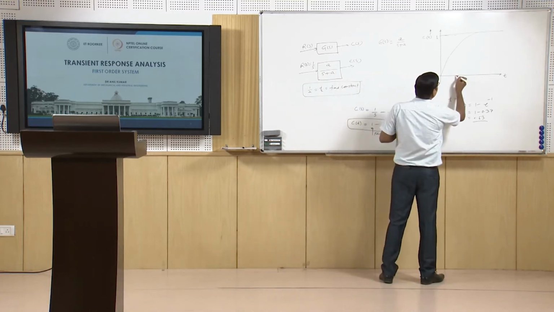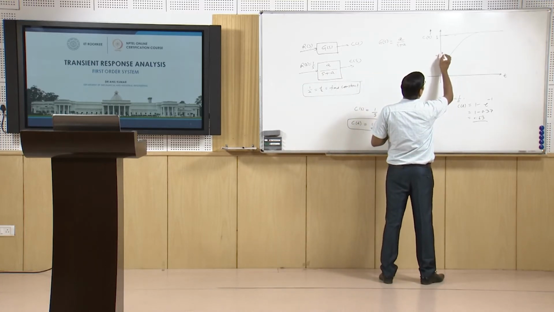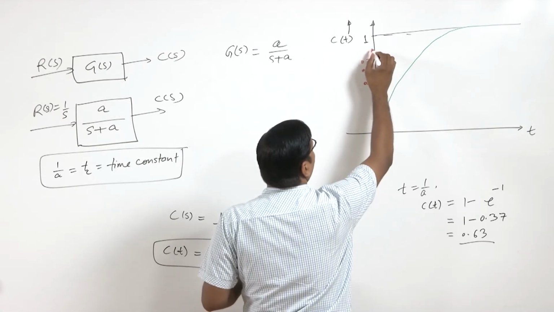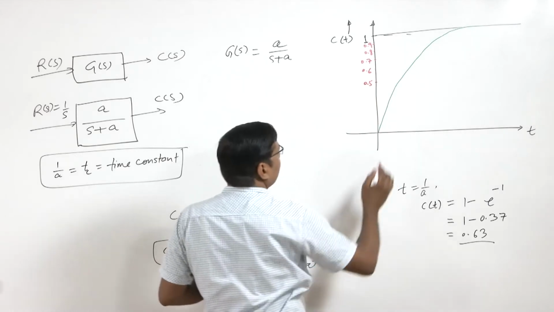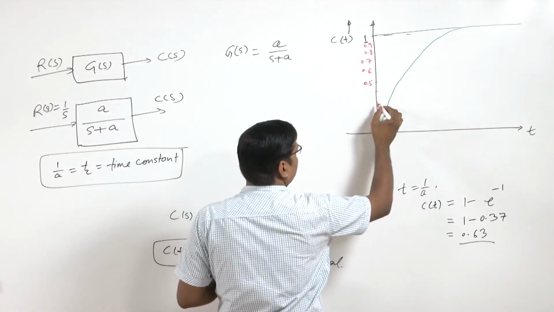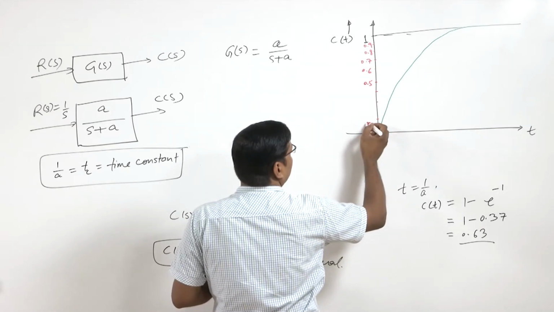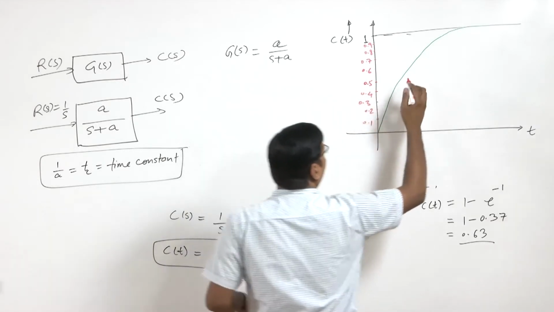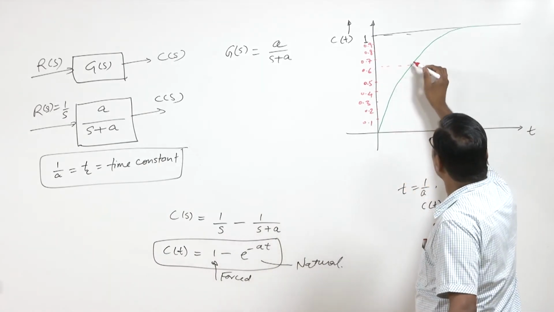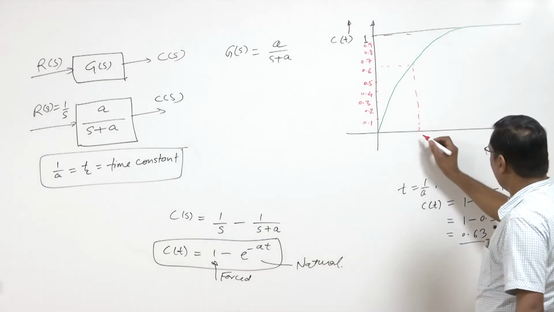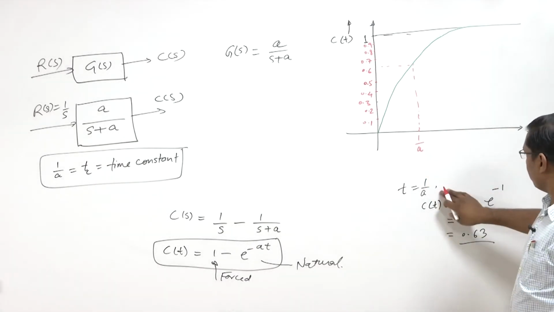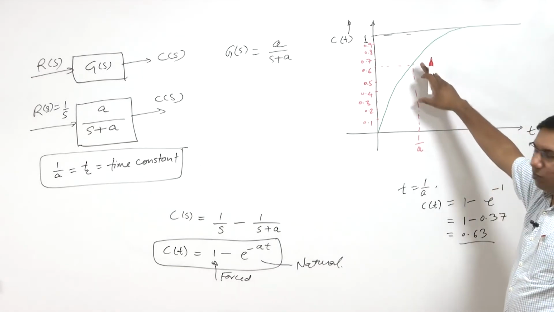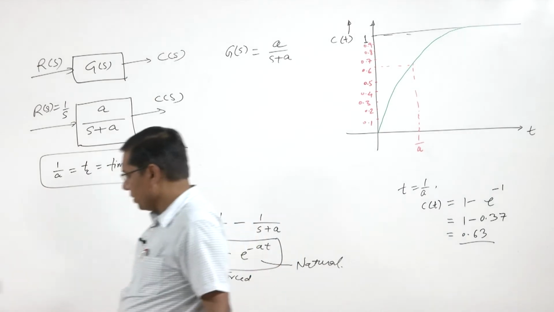So, let us say this is 0.5, 0.6, 0.7, 0.8 and 0.9, and similarly here we can mark 1, 2, 3, 4. So, 0.63 will come somewhere here, and this is 1 by a, because at t equal to 1 by a we are getting 0.63, and this we define as the time constant.